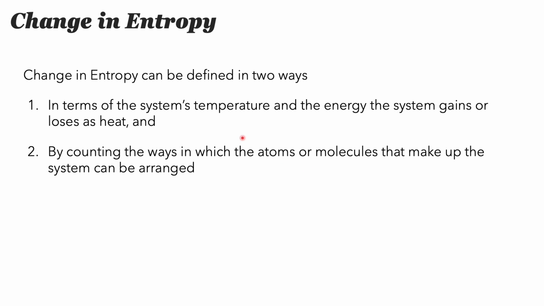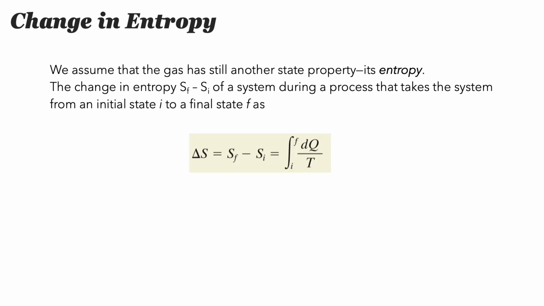Now, entropy change can be viewed in different ways. One is in terms of heat energy that is transferred to or from the system, and another is in terms of the degree of order, or the arrangement of atoms and molecules. The change in entropy can be expressed mathematically by this formula.